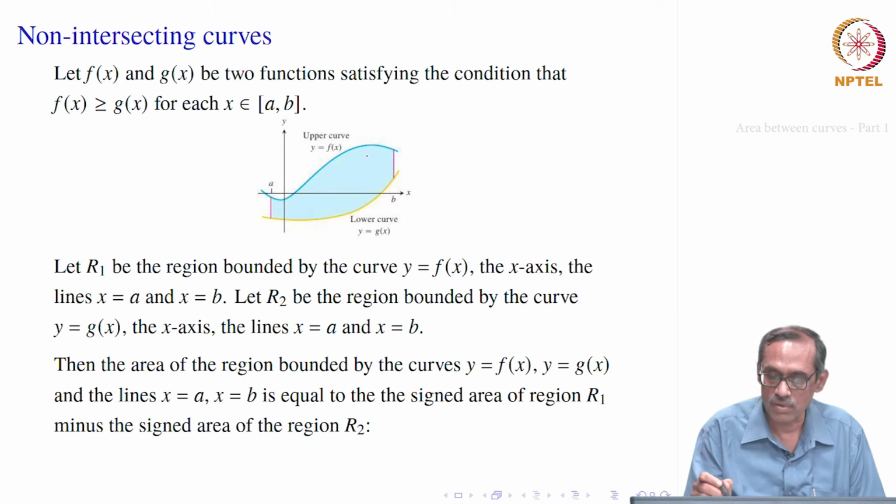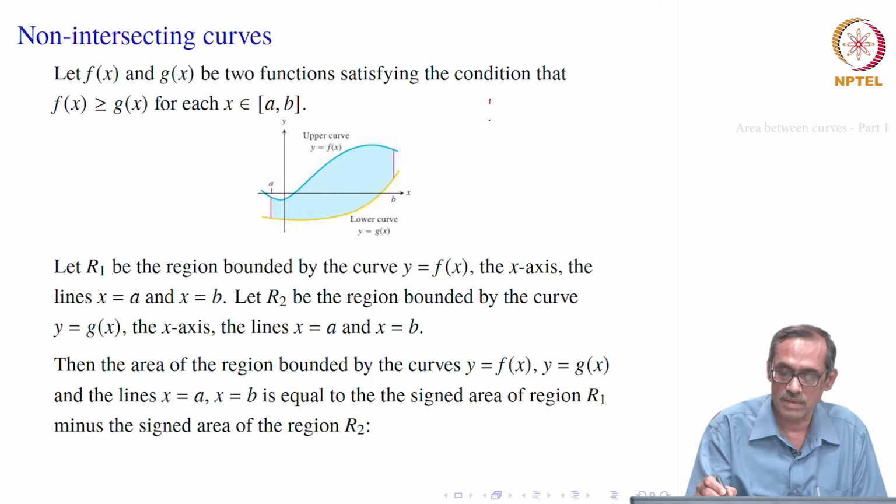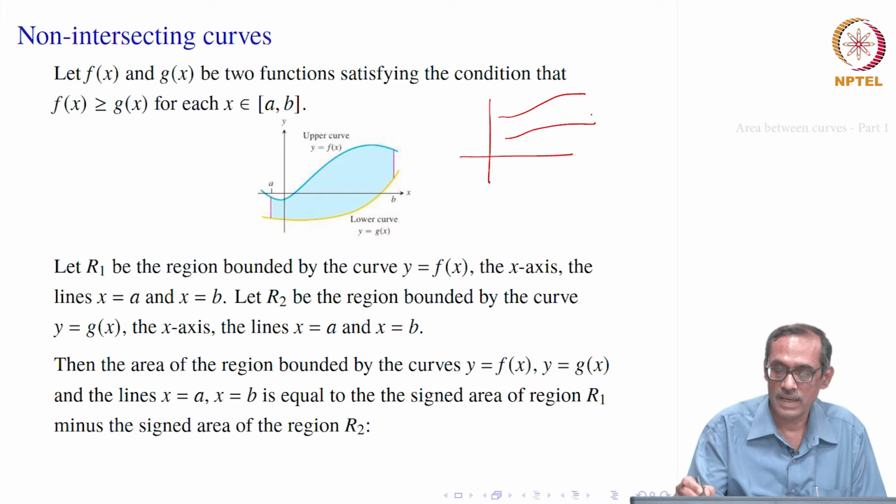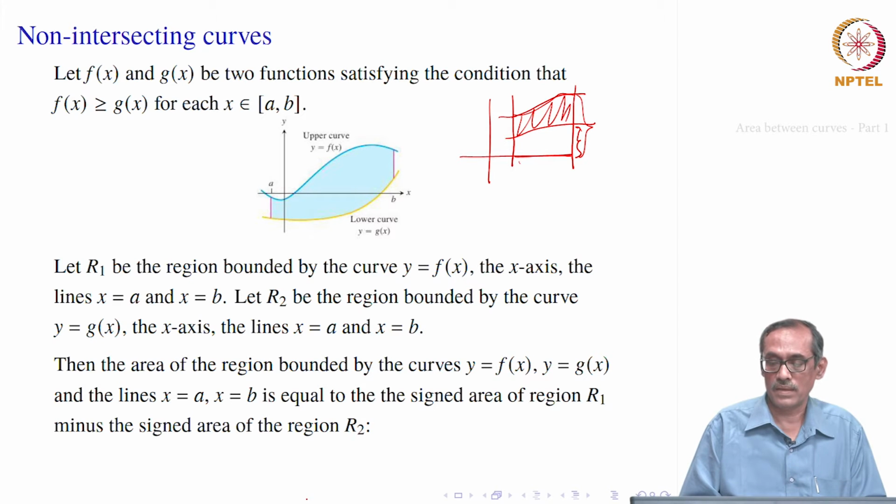It might not always be in this form, you can think of some other type, say f of x and g of x both lie above the x axis, with x equal to a, x equal to b. Then the area of this region will be equal to the area bounded by f x and the x axis, the whole thing, minus the area bounded by g x and the x axis, this one. So, that is easier to see in the other picture.